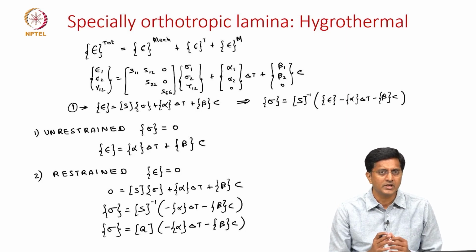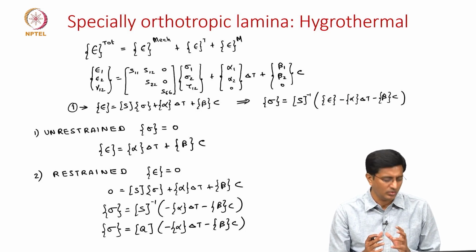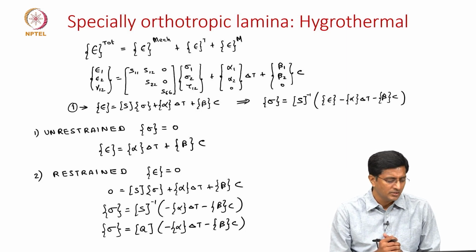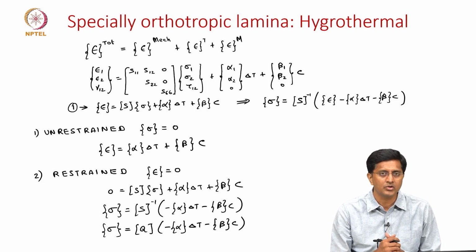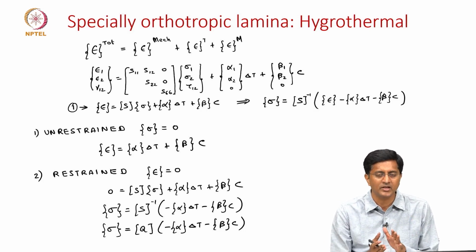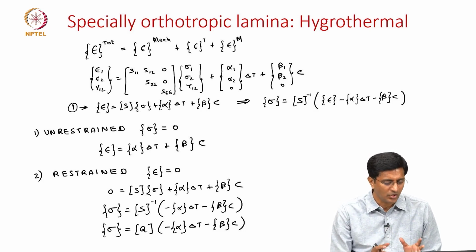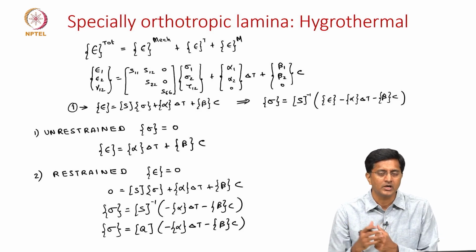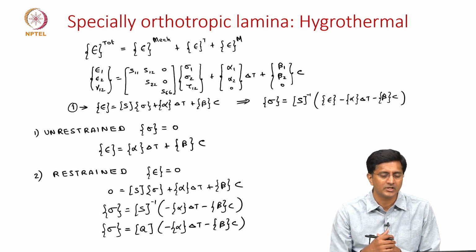So this should give us an idea about how to write the stress-strain relations when there are hygrothermal loads also involved. Here we have only looked at the lamina. Later when we discuss the laminate, where it is a stacking of these laminas, we will also see how these equations can be used to write the mechanics of the laminate under hygrothermal loads.